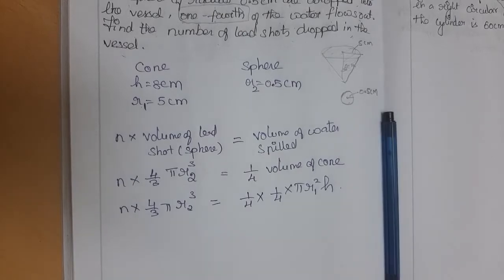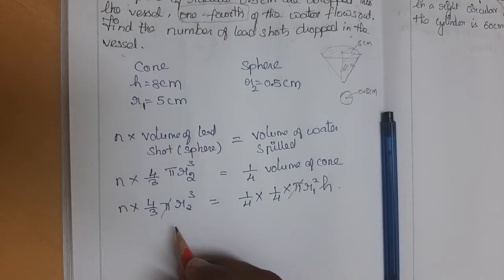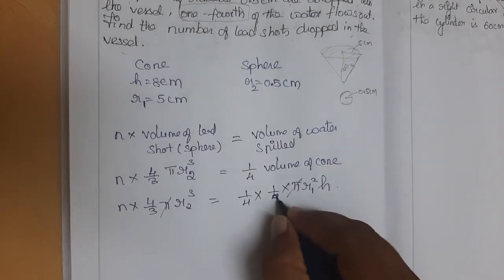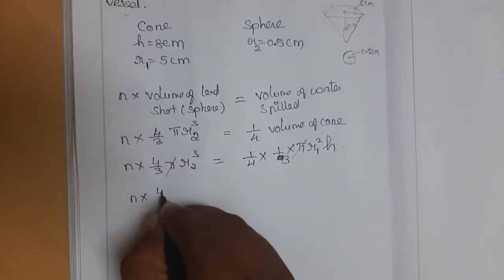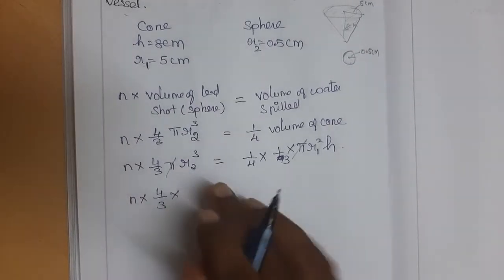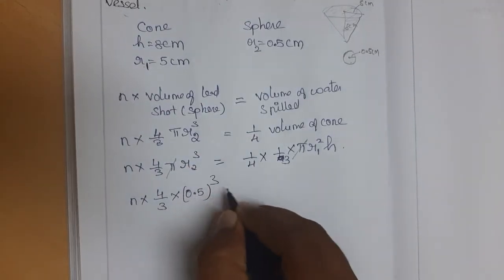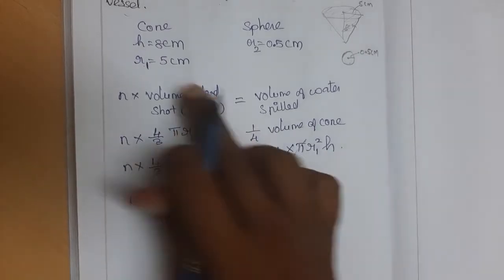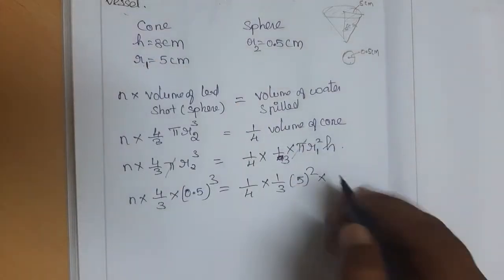So we can cancel pi, which is common on both sides. So actually 1/3, right? Not 1/4, it will be 1/3. Then we substitute now. n into 4/3 into r2, which is 0.5 cube, is equal to 1/4 into 1/3 into r1, which is 5, so 5 square into h, which is 8, right?